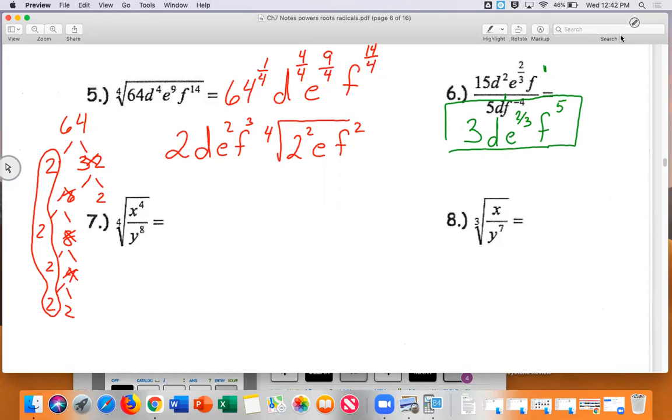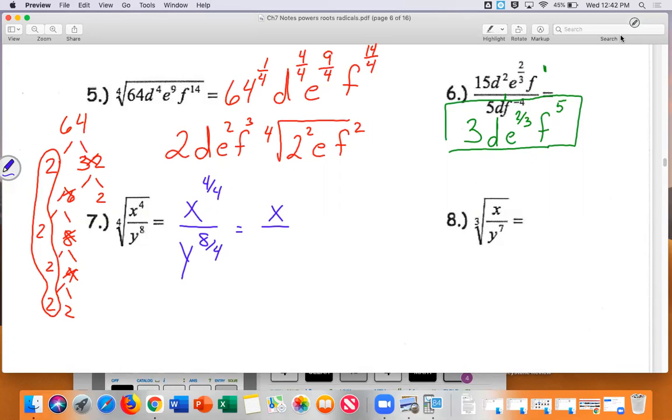All right, number 7. We're just going to rotate this up. Ready, Hansi? So 4 and 4. So it's going to be x to the 4 over 4. You see that? Y to the 8 over 4. Got it? What's 4 divided by 4, Hansi? 1. 8 divided by 4, 2.